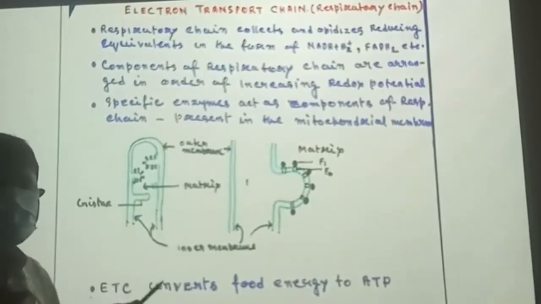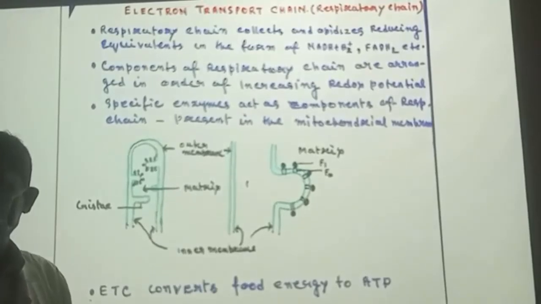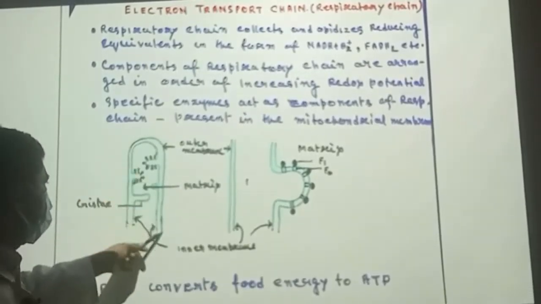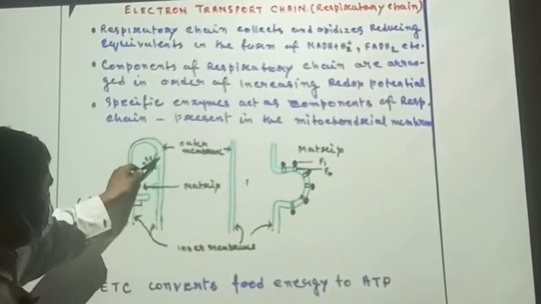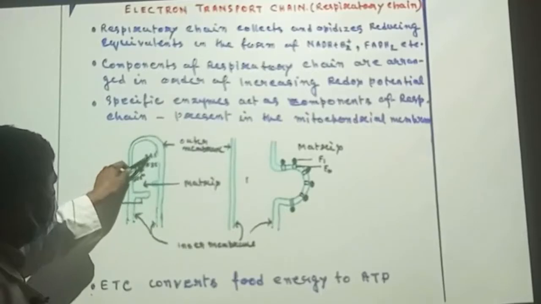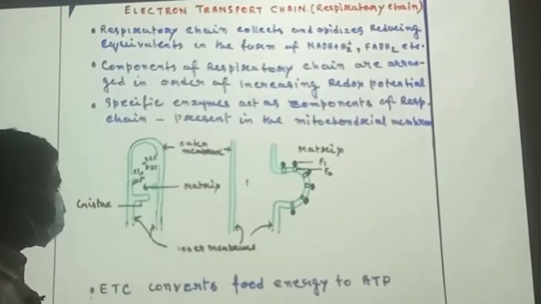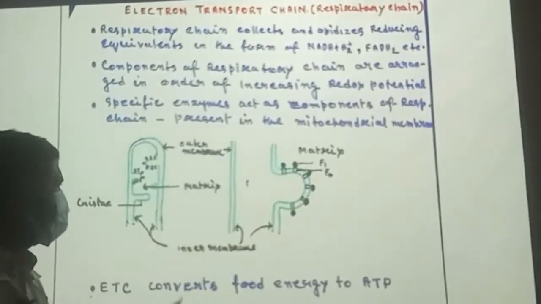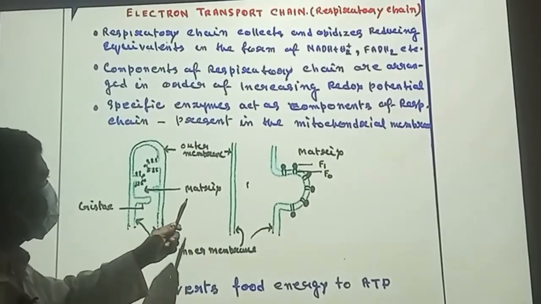Now where is the electron transport chain situated? It is situated in the mitochondrial membrane. The mitochondria has a double membrane, an outer and an inner membrane. In the inner membrane there are some complexes known as respiratory chain complexes, which you will find in more detail in the coming chapters.